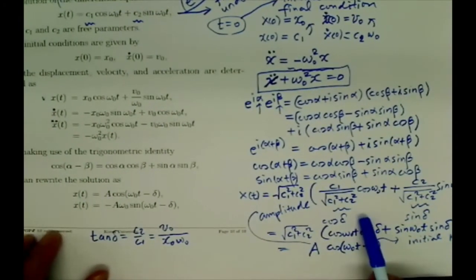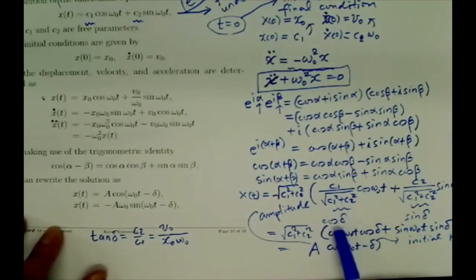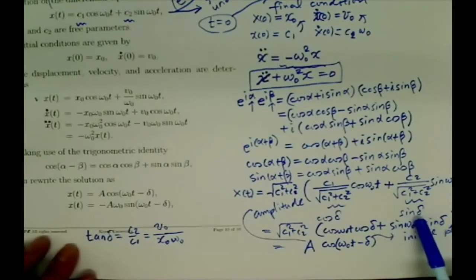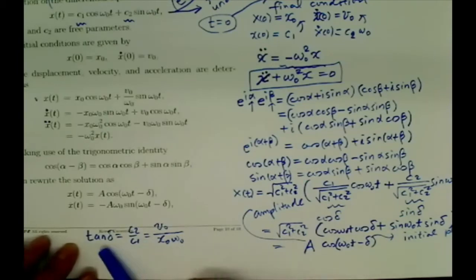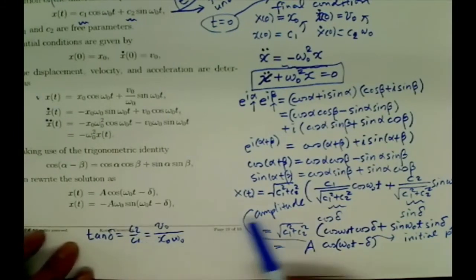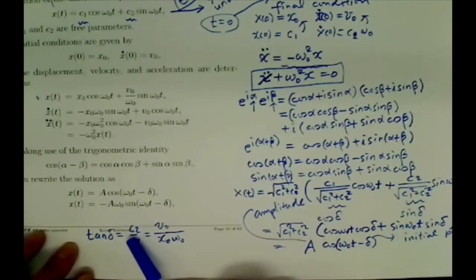We define C1 over the square root to be cosine delta, and C2 over the square root to be sine delta. Therefore, tangent delta is sine delta over cosine delta, which is C2 over C1.